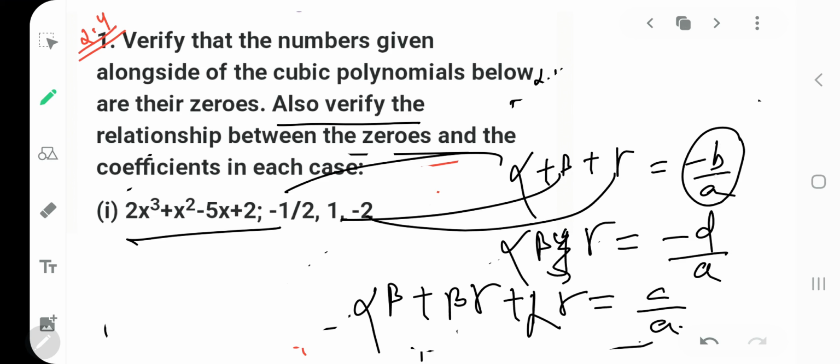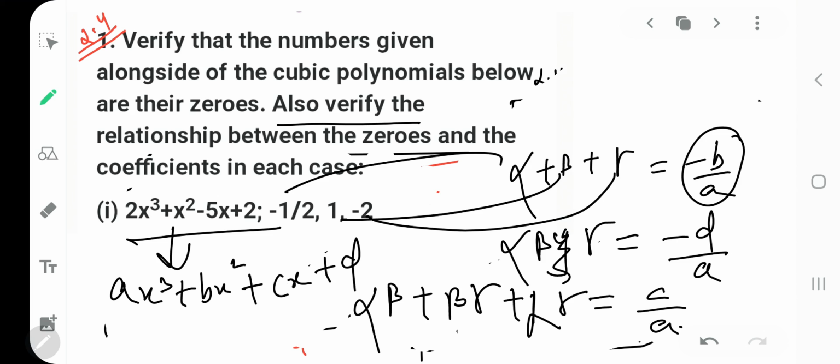And what are A, B, C and D? They are from the standard form when you write this polynomial. The standard form is ax cube plus bx square plus cx plus d. So from there you will get this is A, this is B, this is C, and this is D. Got my point clear?